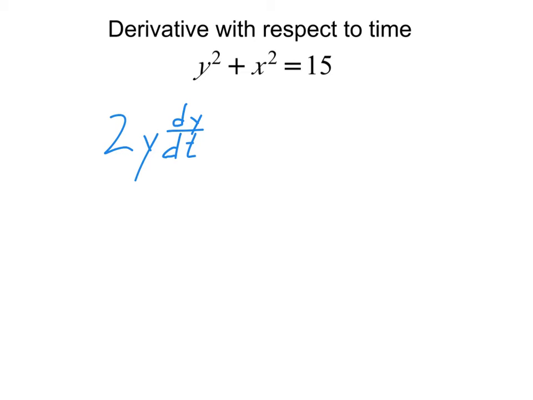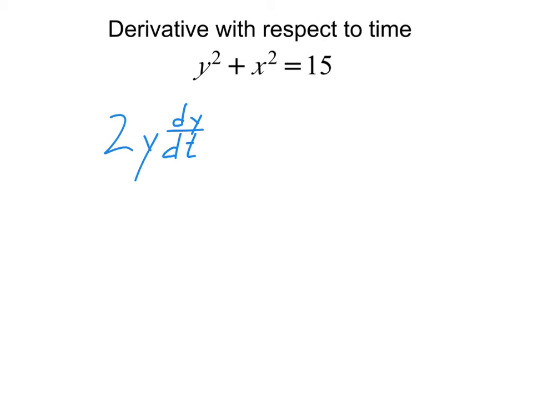Because when I write dy over dt, it means that I'm taking the derivative of whatever this thing is on top with respect to whatever this letter is on the bottom. So when I say dy over dt, it just means the derivative of y with respect to t. Or in other words, how is y changing as t changes?